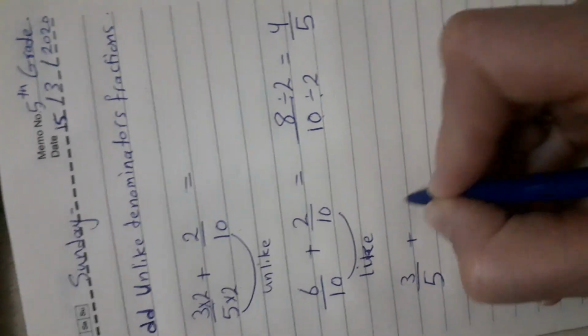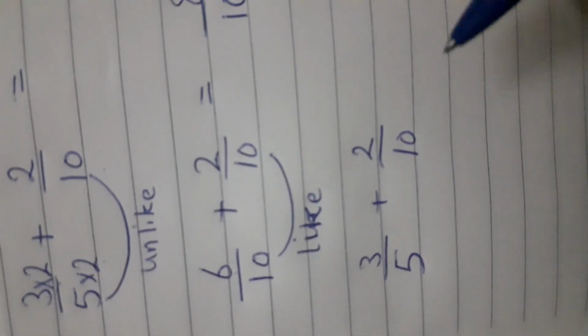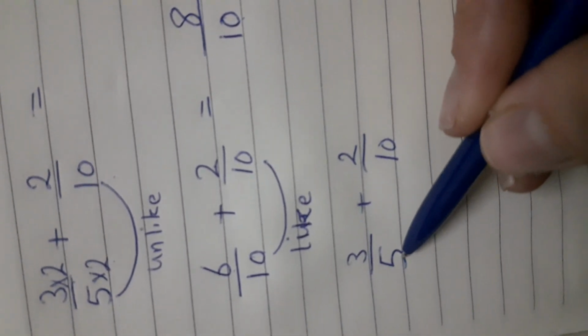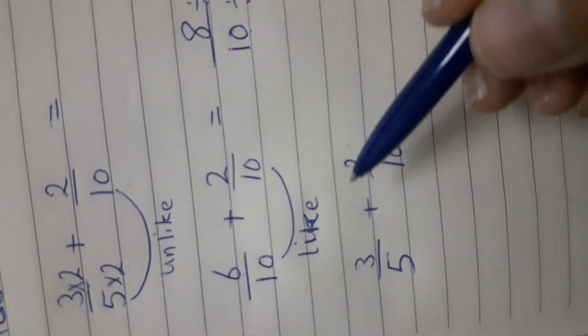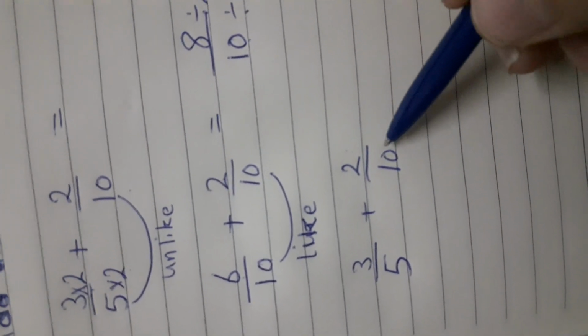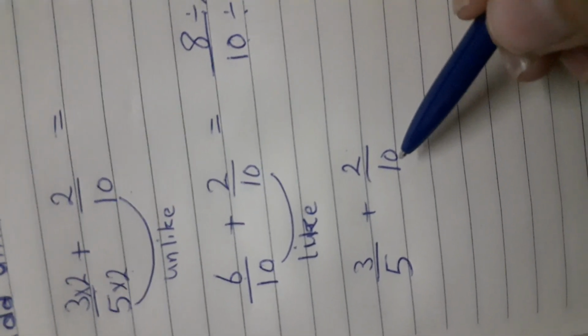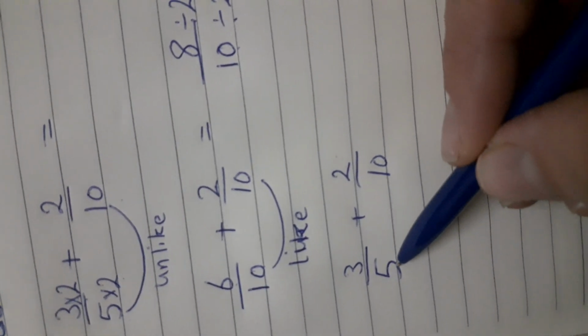3/5 plus 2/10. Looking at the second fraction, you can notice that 10 can be changed back to 5. Dividing 10 by 2 would give me 5.